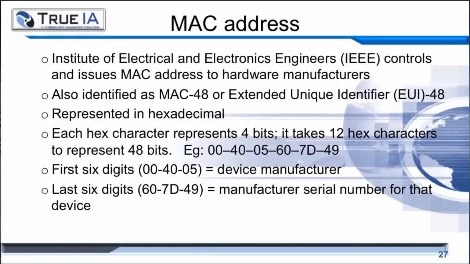Each hexadecimal character represents 4 bits. It takes 12 hex characters to represent the entire 48, and it's broken up into 2 halves. The first 6 digits are unique and specific to a manufacturer. The last 6 digits are going to be the serial number for that device. There are no 2 same MAC devices in the world.